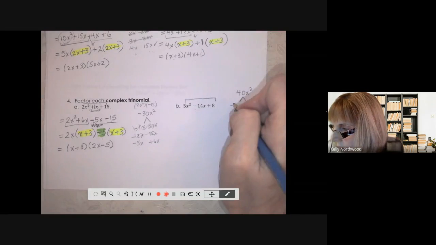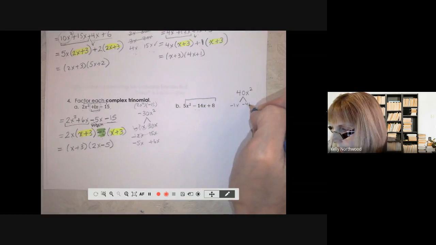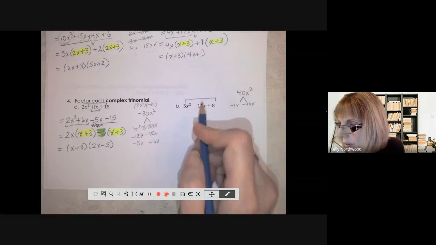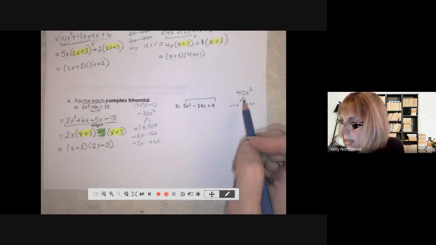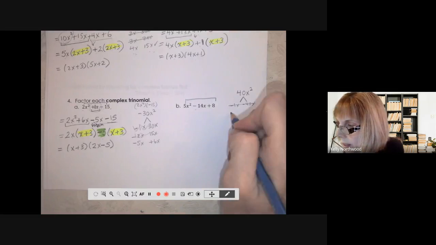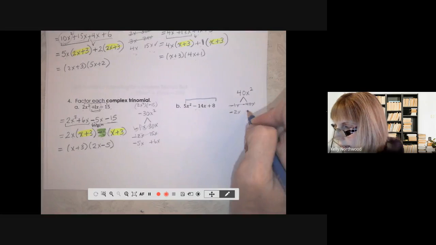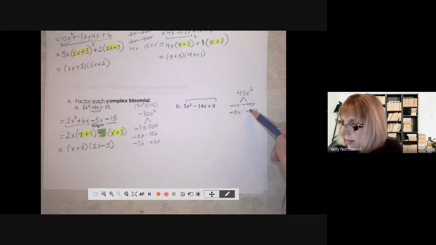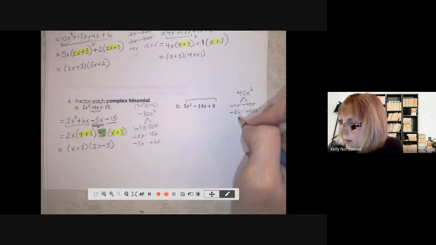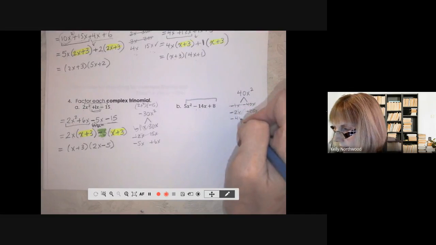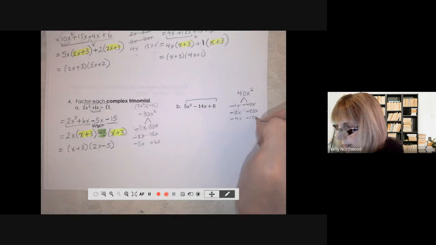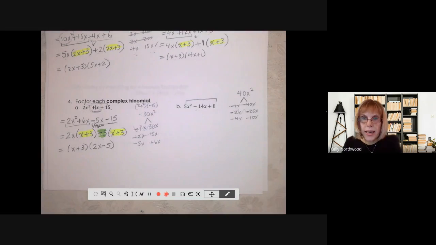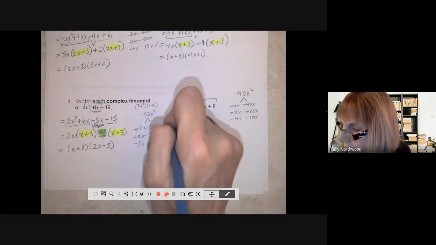So I could have negative 1x and negative 40x, but that adds up to negative 41x, not negative 14x, so it's not them. Negative 2x and negative 20x adds up to negative 22x. 3 doesn't go in. Negative 4x and negative 10x does add up to negative 14x, so it's them.